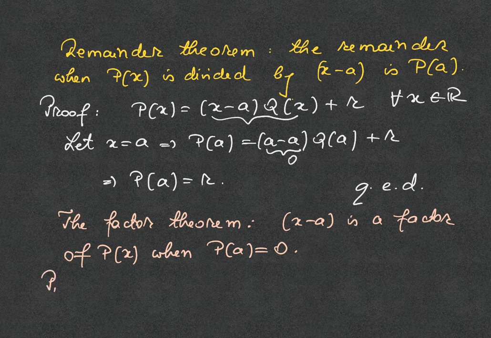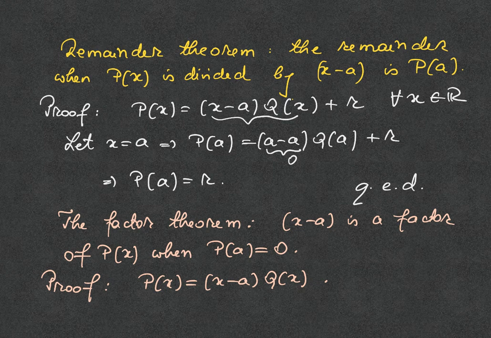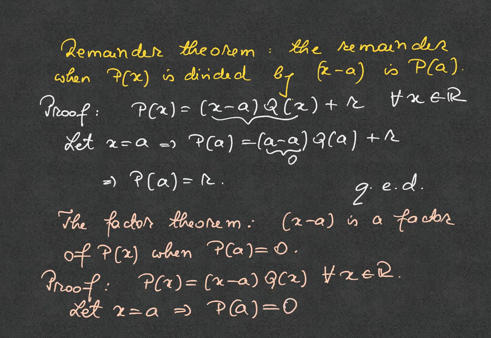And prove it's immediately from what we've discussed before. If x minus a is a factor, then p of x is x minus a times q of x. And that's it, because the remainder is 0. This is true for any x real. Therefore, for x equals a, I get p of a equals a minus a times q of a, which is 0.